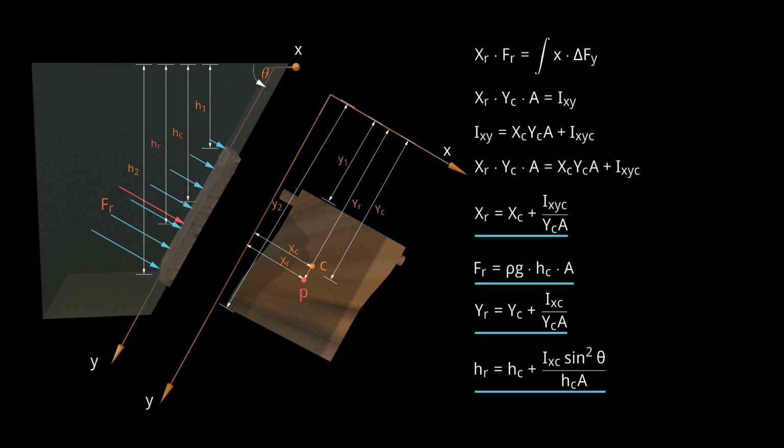It depends only on the depth of the centroid from the surface of the liquid. The center of pressure, however, does depend on the inclination angle unless the surface is symmetrical about the y-axis, in which case it lies right on the axis. We also introduced key concepts like the first and second moments of area and how to use the parallel axis theorem to simplify our calculations.